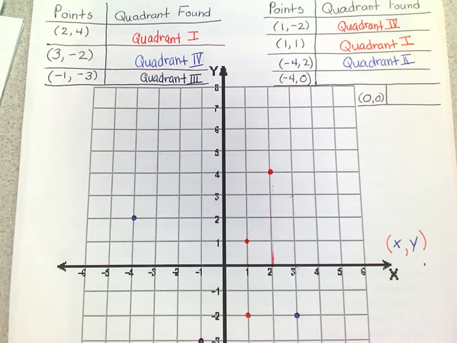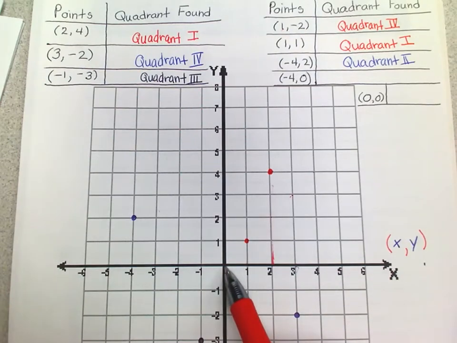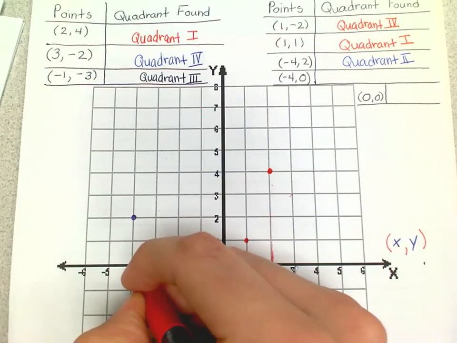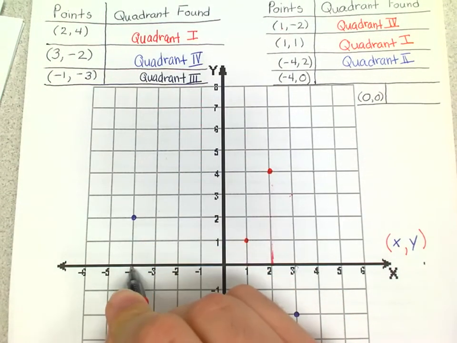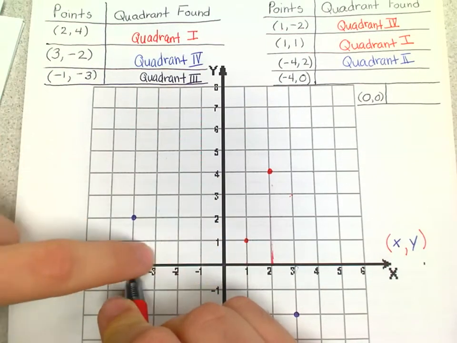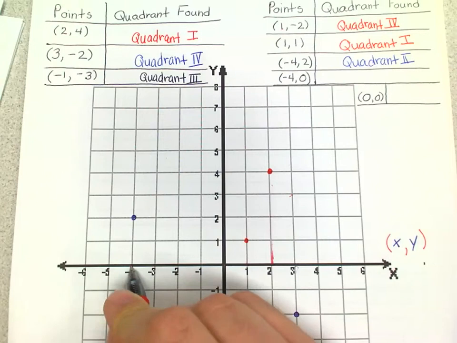We have two more points to look for. Now let's look for those. We have negative 4, 0. Okay, negative 4, our starting point is 0, 0, so our first point is a negative 4. So let's move in the negative direction to find the x. It's negative 4 and 0 on the y direction. If we look, there's 1, so this line right here must be the 0 for y.